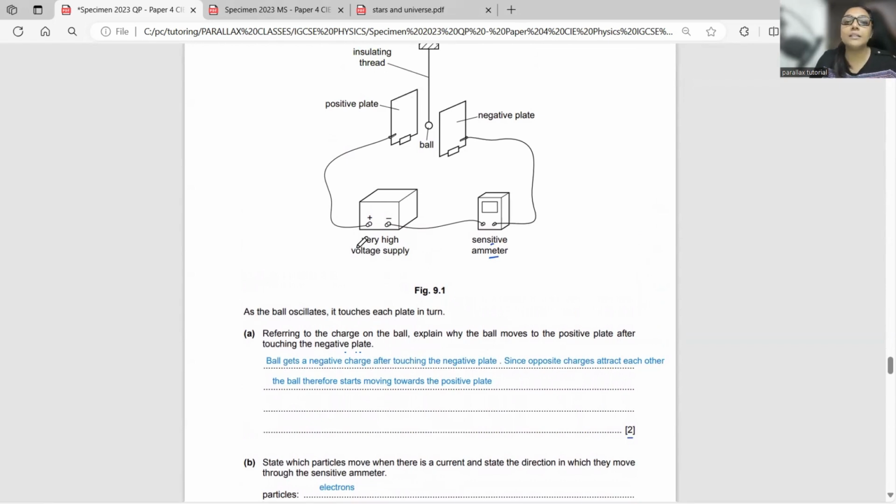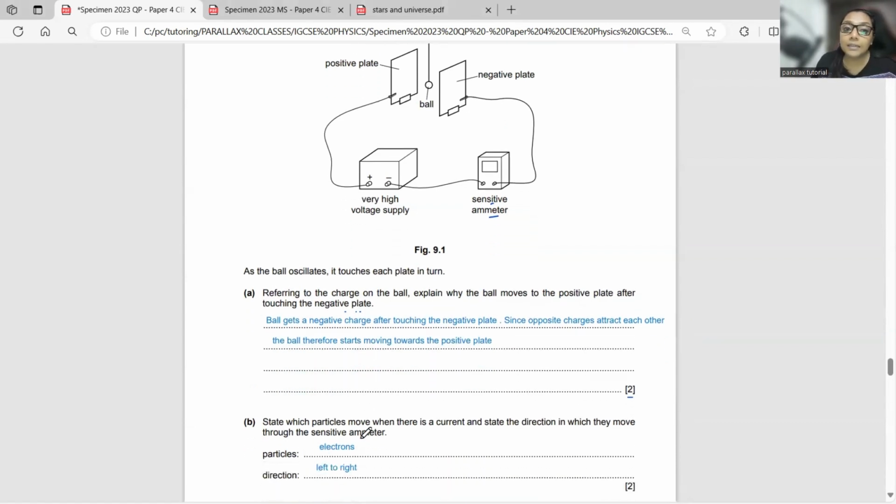We always know that current is basically flow of electrons. Electric current is flow of electrons. So the particles which you will name is electrons. Now here comes the trick. You have to specify the direction through the sensitive ammeter. It will be the direction of electrons. They have not asked what is the direction of electric current.